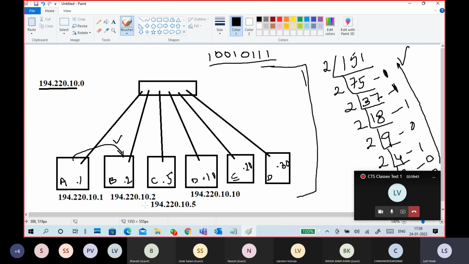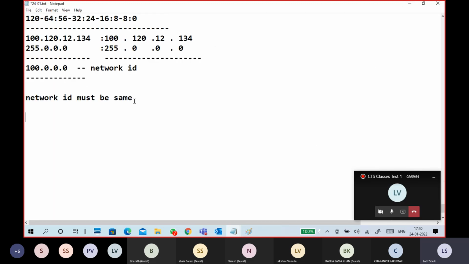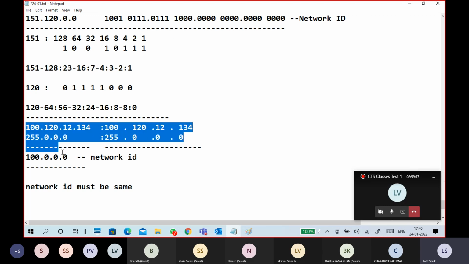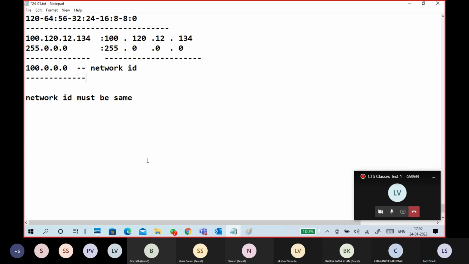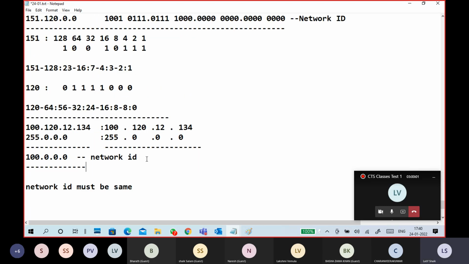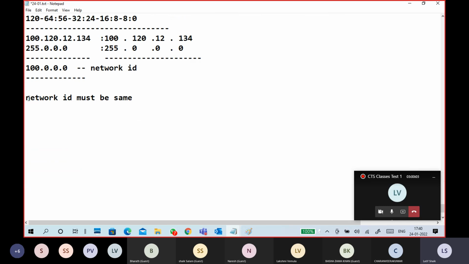What is important is whether two PCs are in the same network or not. How do we know? By checking the network ID. How does the system understand the network ID? Like this only, by using the AND operation. Network ID must be the same.